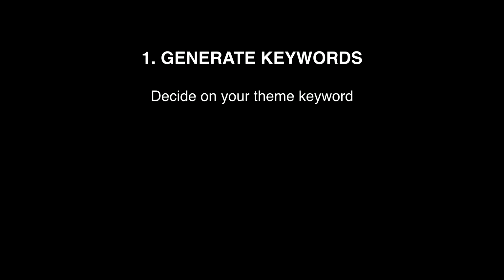So I decide on the theme keyword, and then the next thing I do is generate a list of keywords. This list then broadens my search, because originally I may think 3D printing for kids, but later I found out there are other keywords that I've never thought of. And those were very, very significant keywords.